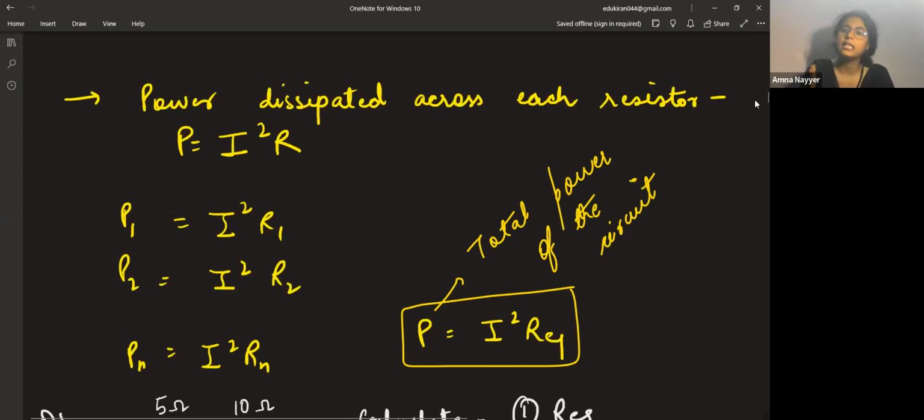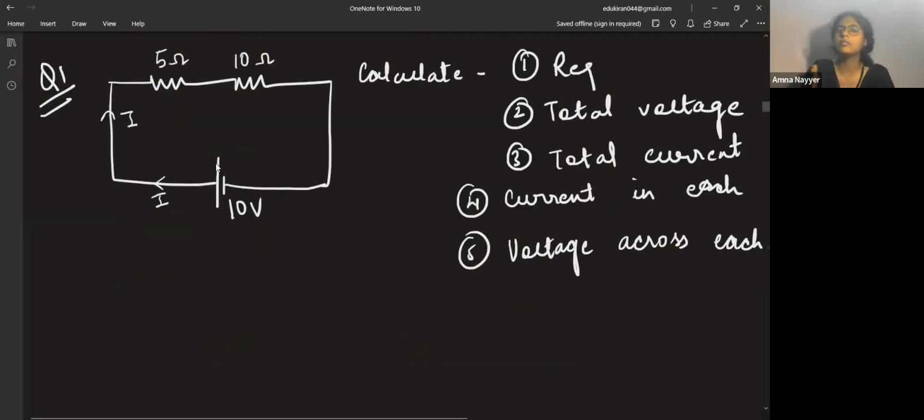Now, one simple question. A 5 ohm resistor is connected, and a 10 ohm resistor is connected. This is R1, this is R2, and this is the net current flowing within the circuit. Voltage is 10 volt. Now, look here. There is no branching over here. Both the resistors are connected directly, so this is the series combination.